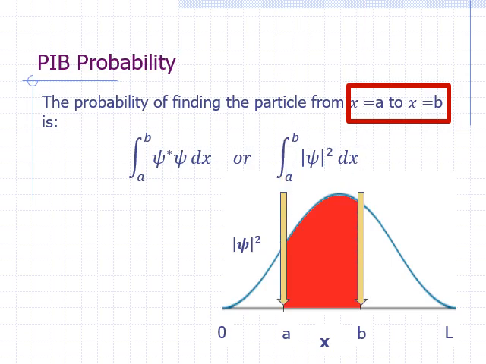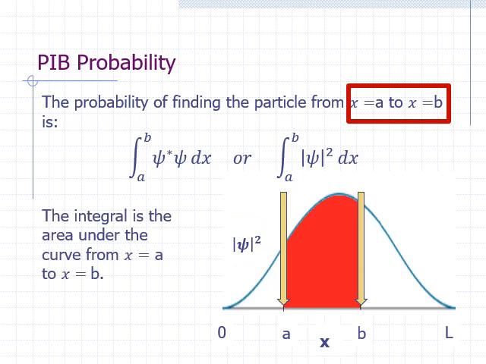We simply integrate the probability density with respect to x from x equals a to x equals b. The integral is a number between 0 and 1. If we plot the probability density versus x, the value of the integral corresponds to the area under the curve from x equals a to x equals b, which is the region that is shaded in red here.